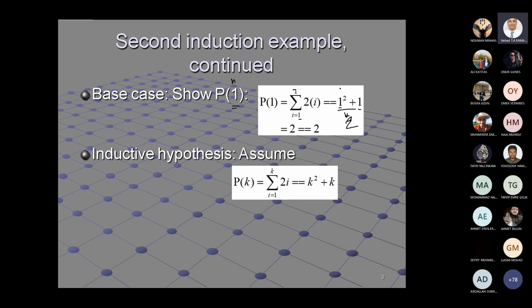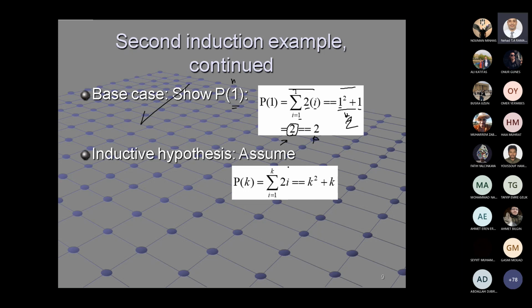The left-hand side is 2 multiplied by i, which is 1, so it's 2 multiplied by 1, so it's 2. So left-hand side 2, right-hand side 2. So the base case is correct.